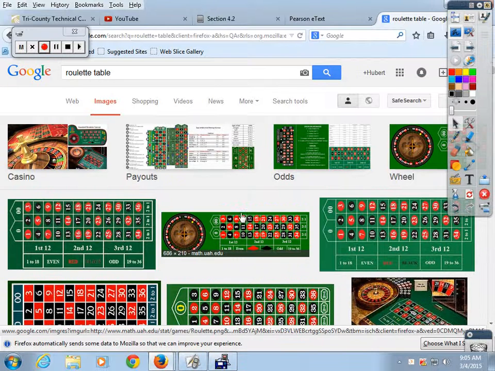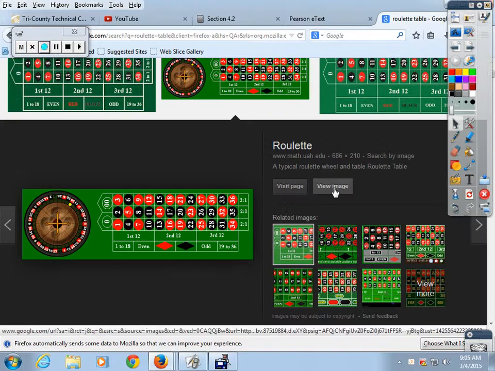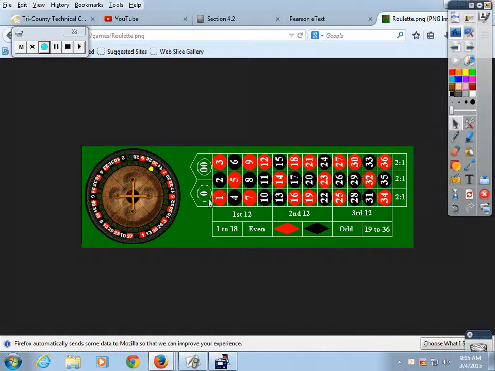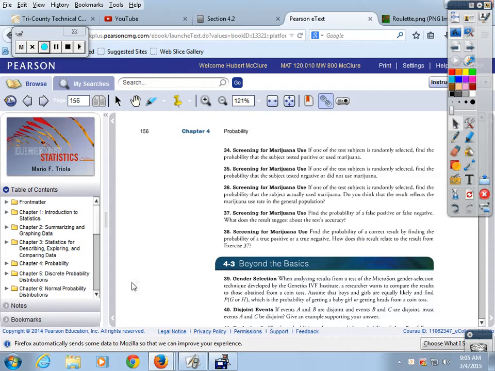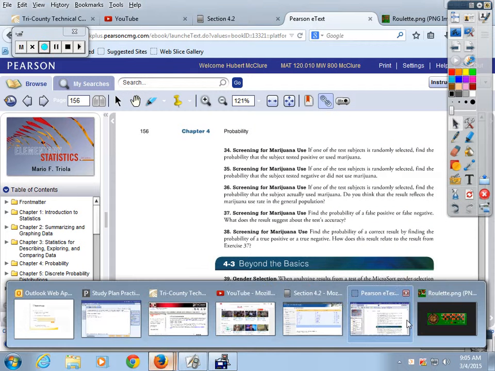Well, there it is. There's one that has 0 and 00 right there. So that's a roulette table. Okay, so everybody knows what a roulette table is now.